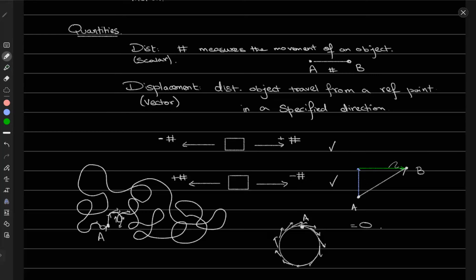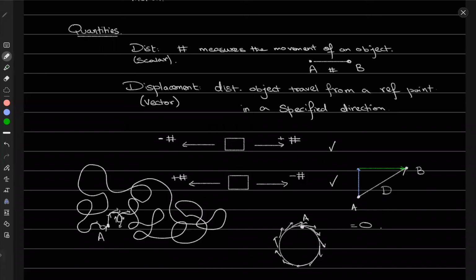Those are two vectors, and you can say that they are two displacement vectors, but when you add them together, the resultant vector is this vector, let's call it D, and that is the actual displacement or the shortest path that I could have always taken from A to B. So whenever I have a journey from one point to another point, I'll always just draw these vectors of the paths that I can take, and I'll find the resultant of those vectors. And that resultant will always be the displacement.